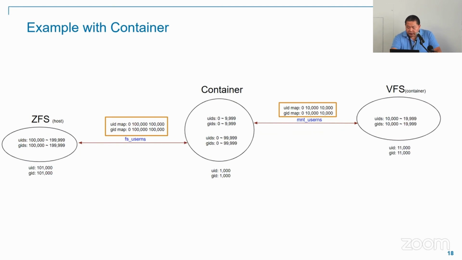The second is on the mount point, the actual ID map on the mount point. That happens for the UID from 0 to 10K minus 1, and then map that to 10K to 20K minus 1, right? So this mapping, if you look at the middle, is part of the file system user namespace, right?